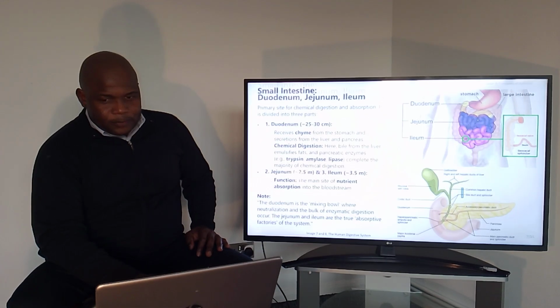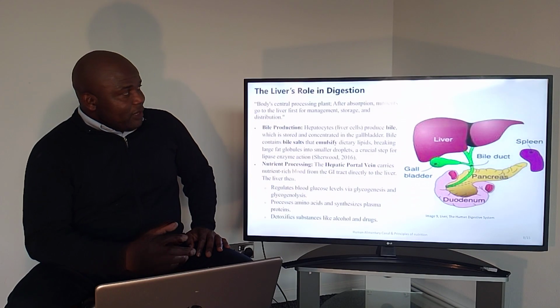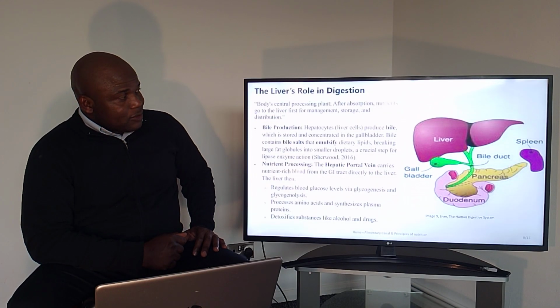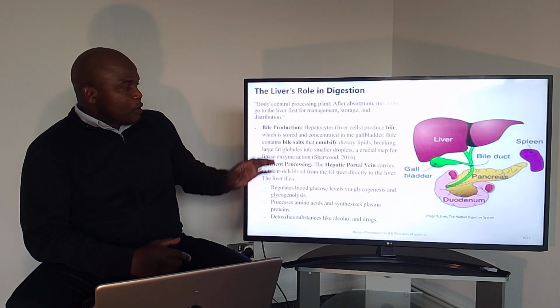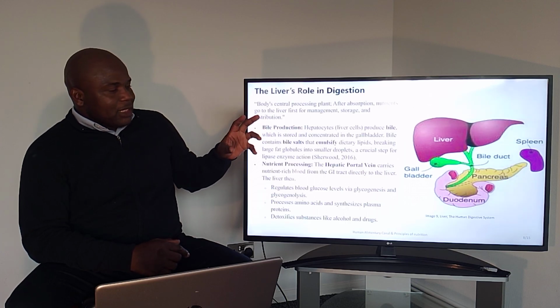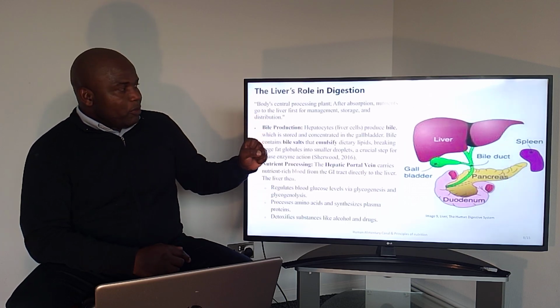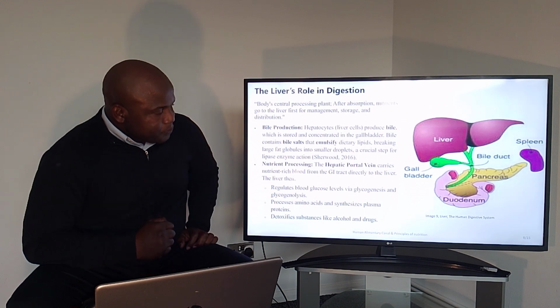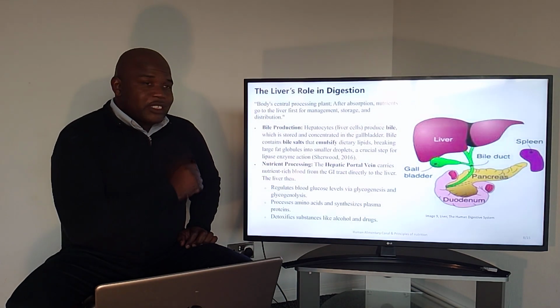So to pass on, within the liver, the role of the liver within the digestive system, we notice that a major part of it is bile production.